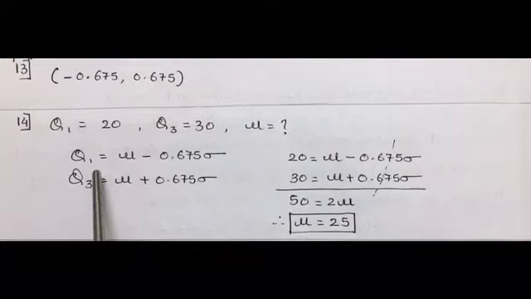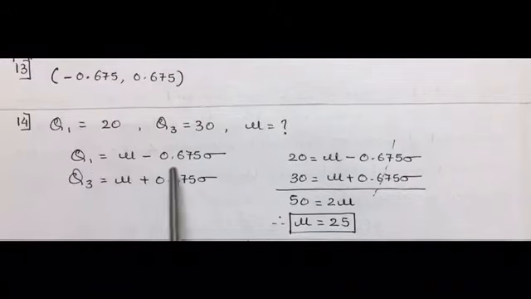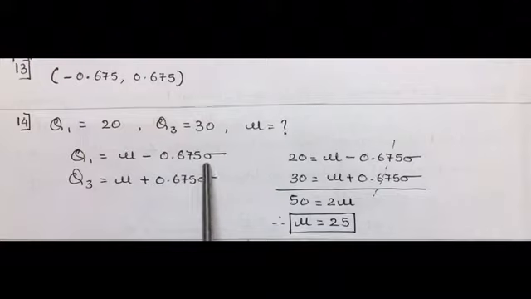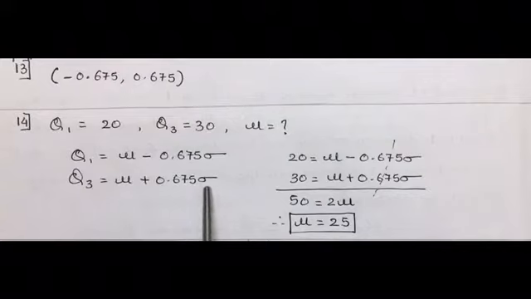As per the properties and the formula of Q1, we have Q1 equal to mu minus 0.675 sigma. Q3 is equal to mu plus 0.675 sigma.